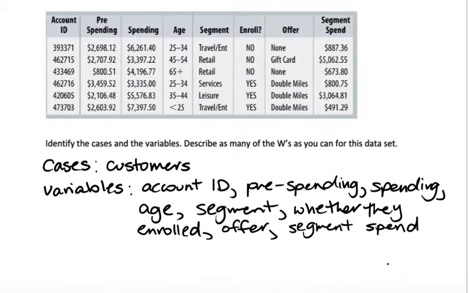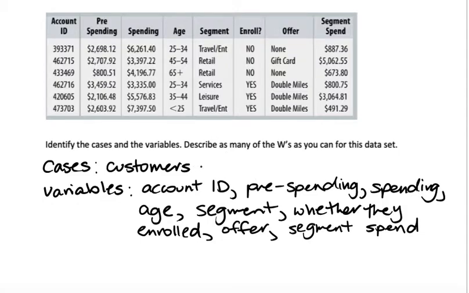So in terms of the W's, the cases are going to be the who, and the variables are going to be the what.